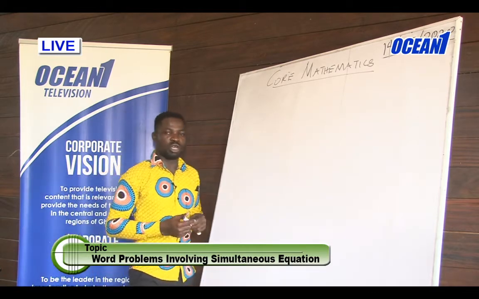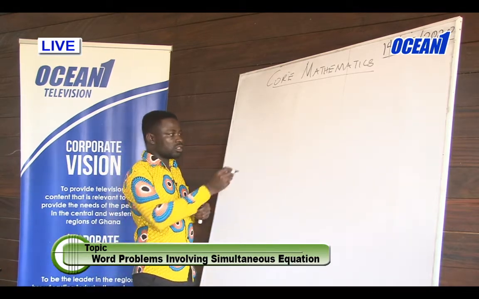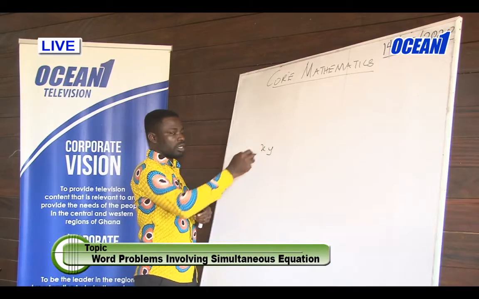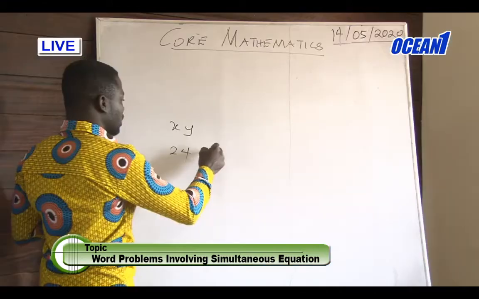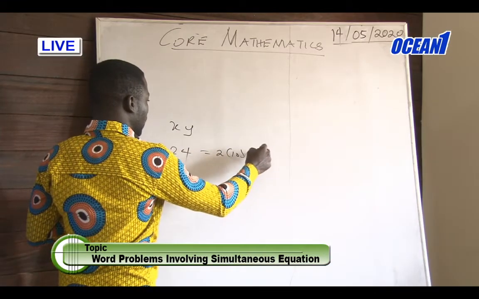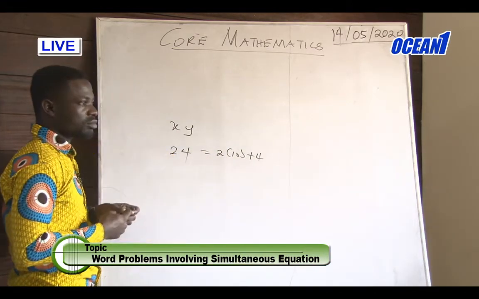Now we said that for a 2-digit number, x and y, give an example like 24. If I have 24, that means 4 ones, 2 tens. That can be written as 2 tens plus the 4 ones.